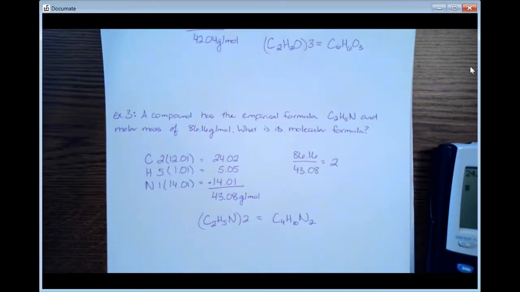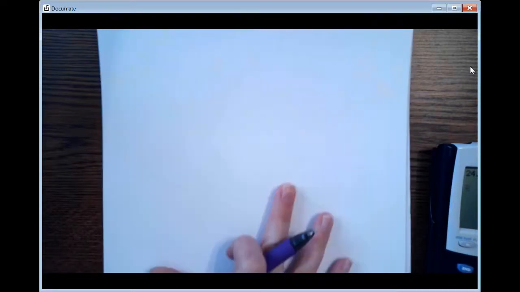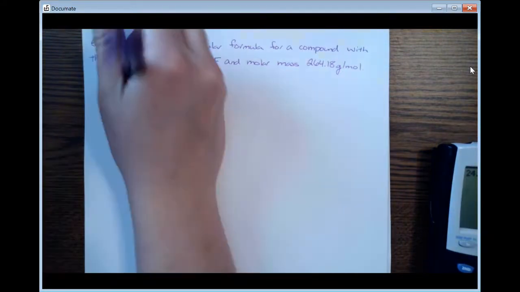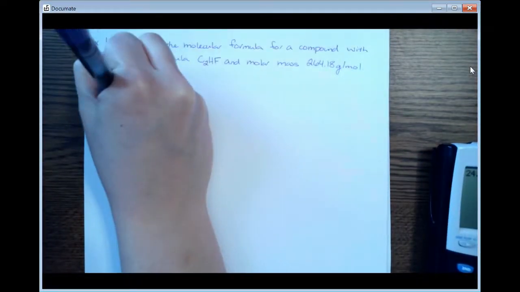Okay, so let's go ahead and try one final example. Calculate the molecular formula for a compound with the formula C2HF and a molar mass of 264.18 grams per mole. Okay, so again, start by listing off all of your elements. I have carbon, hydrogen, and fluorine.